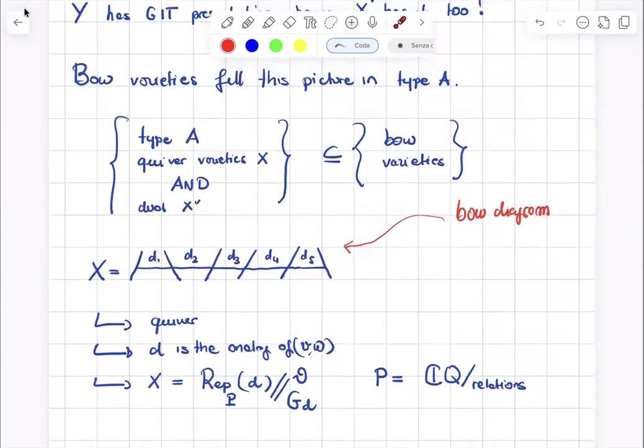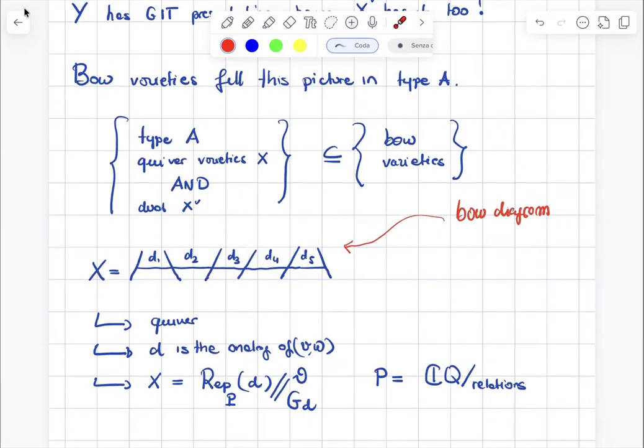So I'm not telling a lot about bow varieties, but the message I'm trying to convey here is that they provide the geometry and the combinatorics to study Higgs and Coulomb branches in type A. And in particular, they give us all we need to tackle mirror symmetry.